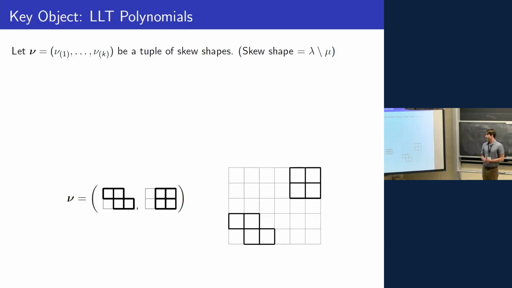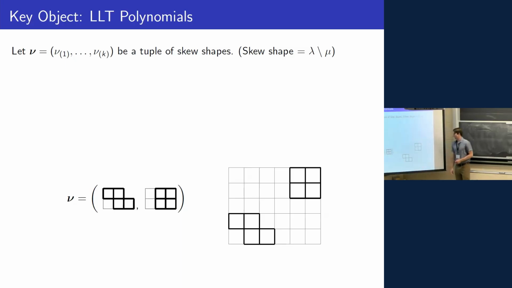An LLT polynomial is going to be a symmetric function with coefficients that have this extra parameter q floating around. They're going to be indexed by an arbitrary tuple of skew shapes. Like here, I put a tuple of skew shapes: 3, 2 skew 1, and 3, 3 skew 1, 1.